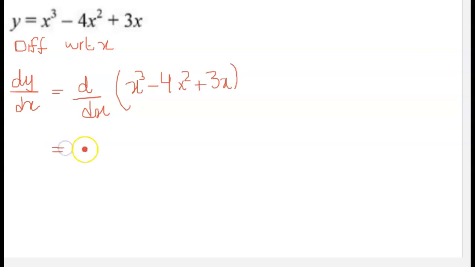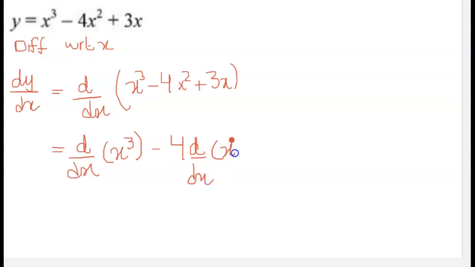If I differentiate that as separate terms: d over dx of x cubed, minus, let's put the 4 outside already, d over dx of x squared, plus, let's put the 3 outside already, d over dx of x.